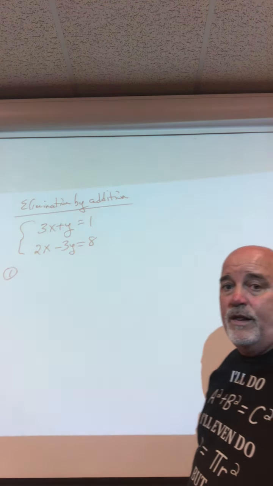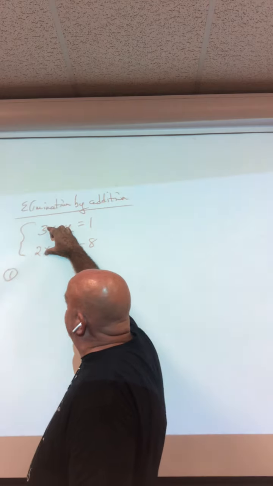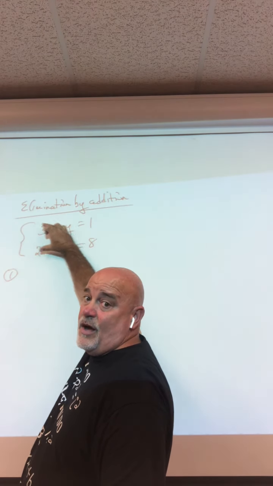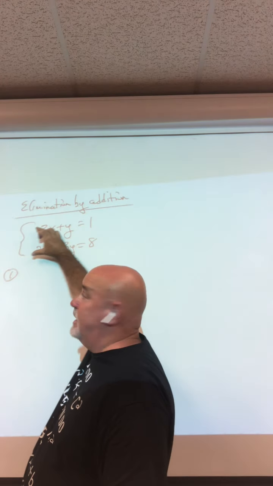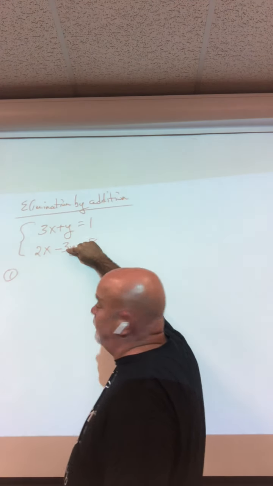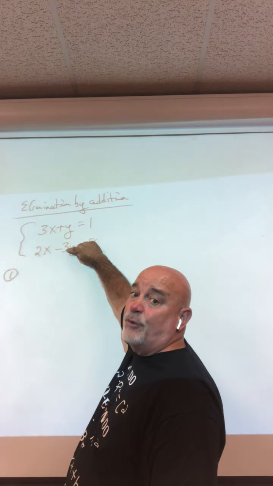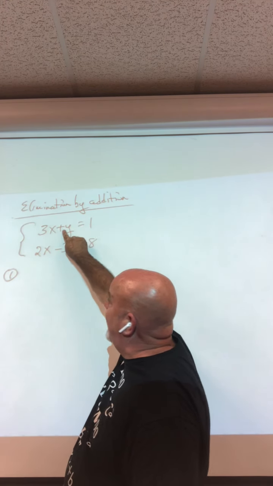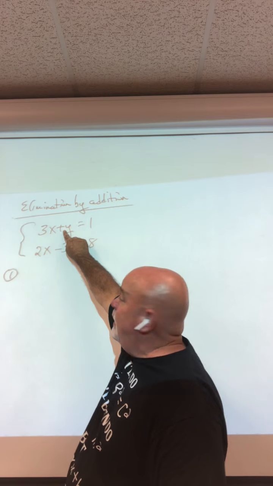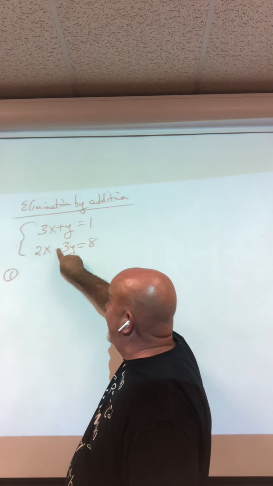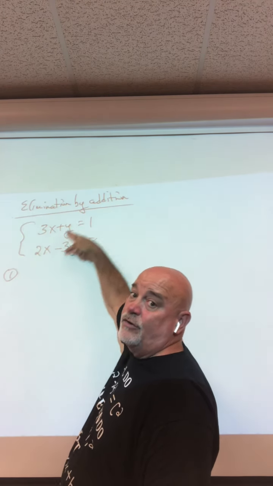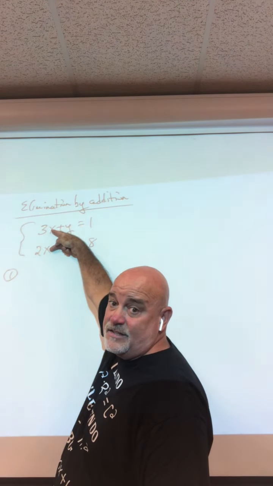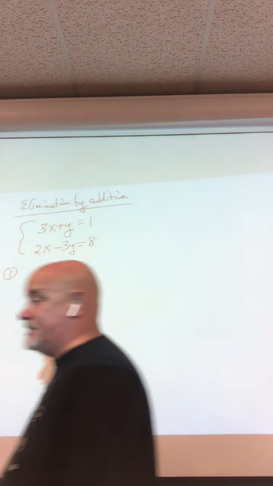Okay, so let's see if one of these is easier than the other. 3 and 2 both go into 6, so I'd have to multiply both of these by something. 1 and 3 both go into 3. So if I want to get rid of the y's, all I got to do is get this to be a 3. They're already opposite in sign. So it would be easier to eliminate the y's first and not the x's. So let's eliminate the y's.